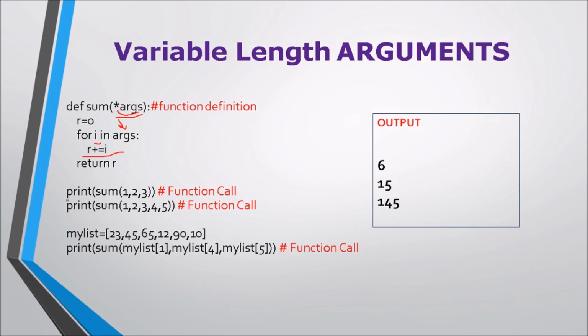So when we write print sum 1, 2, 3, 1 plus 2 plus 3 is 6, so we'll get an output 6. And in case we write print sum 1, 2, 3, 4, 5, that is 1 plus 2 plus 3 plus 4 plus 5, that is 15 is displayed.